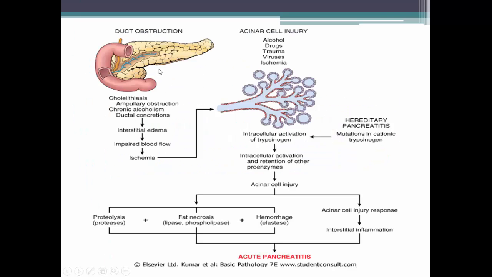So again, the most common is the cystic duct obstruction by cholelithiasis and cholecystitis that produces interstitial edema, impairs blood flow, and produces ischemia. But in addition to that, it is associated with alcohol, drugs, trauma, viruses, as well as ischemia.